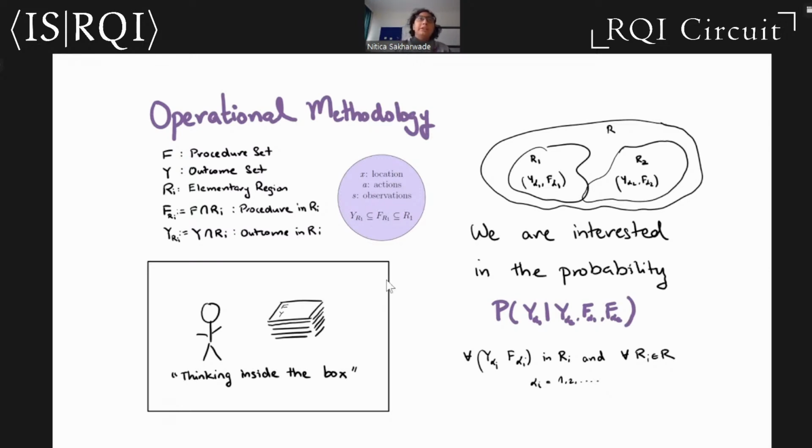And this data is given to a person in a room through these cards, which have some information on them. They have information of what location at which this experiment was conducted, what actions were done, and what observations were found.